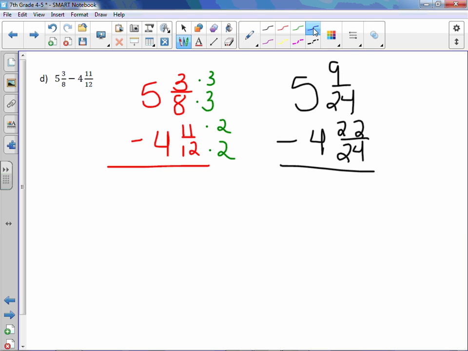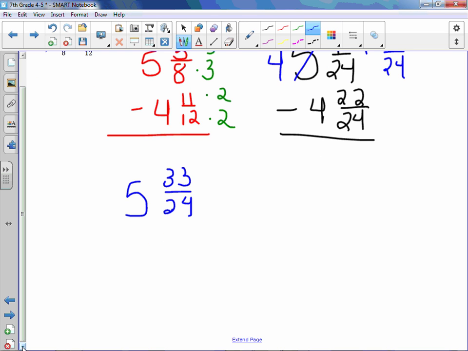And again, I can't do 9 minus 22, so I'm going to borrow from the 5 and make it a 4, and then add the denominator. So I would get 5, and 24 plus 9 is 33, so 33 over 24, minus 4 and 22 over 24.